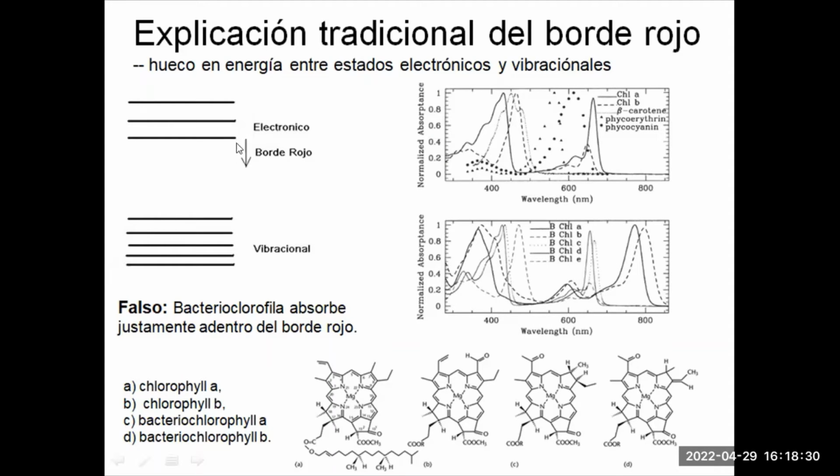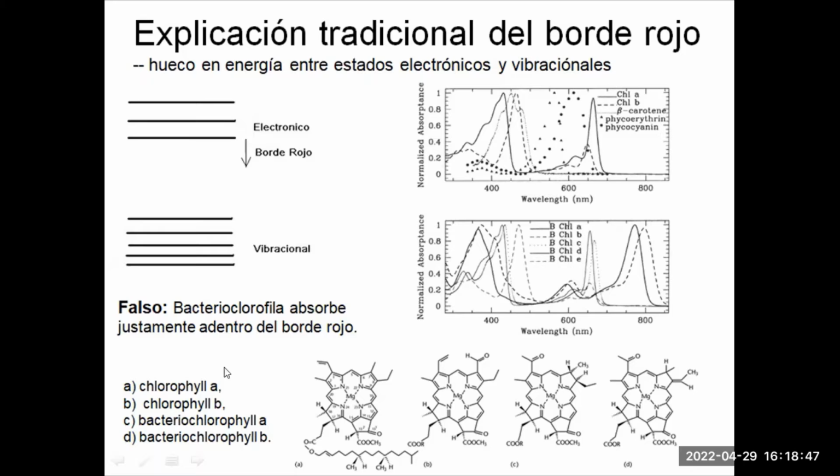So therefore, the reason given by the biologists for the gap here, about 700 to 1.2 microns, is not consistent with the data, because in fact we do have molecules which absorb in that region.